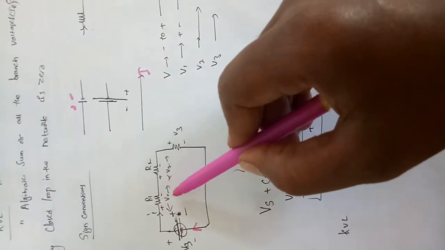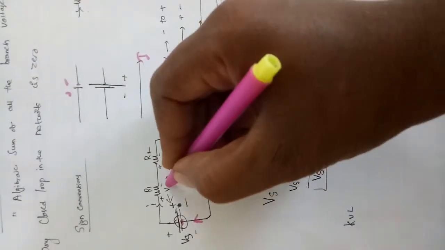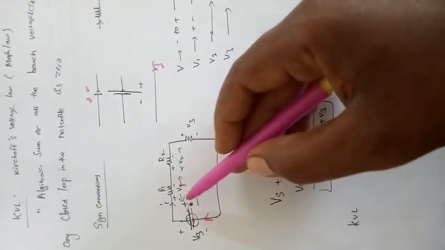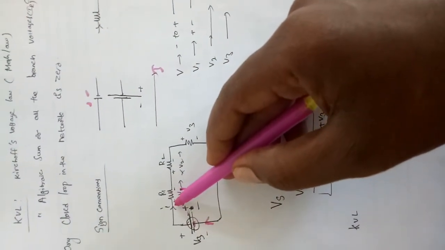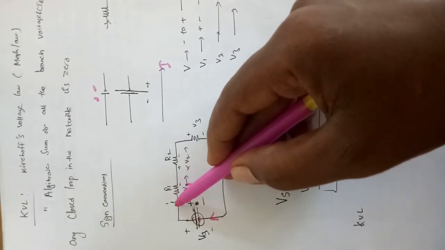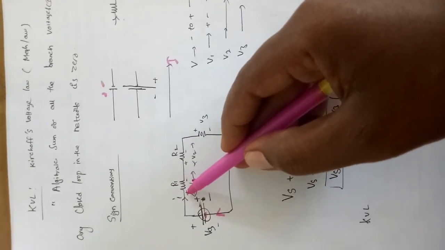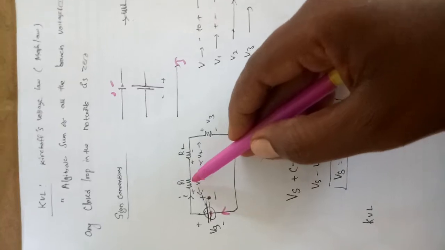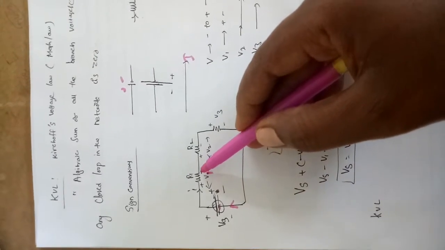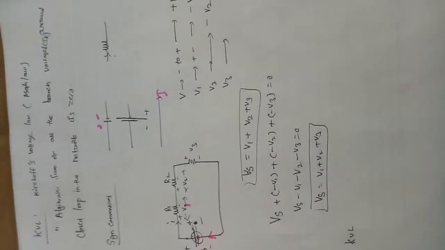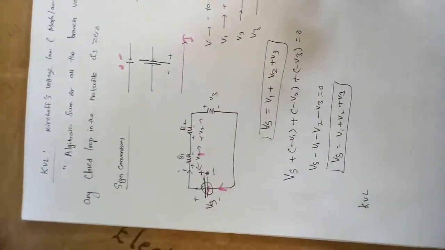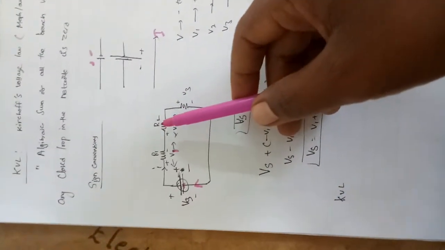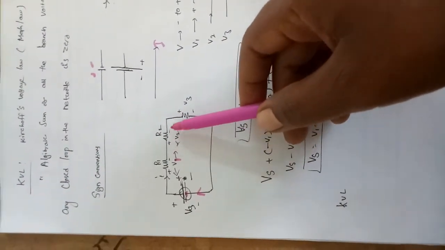Similarly for R1, V1 is the voltage drop across R1. The entering point is assumed positive and the leaving point negative. Similarly for R2, the current entering and leaving.